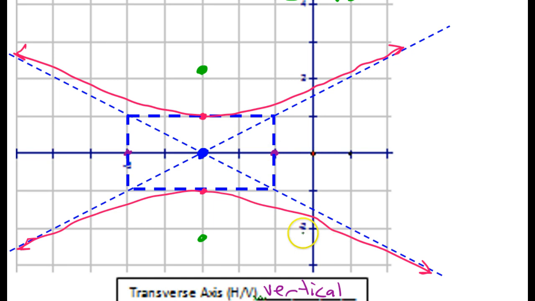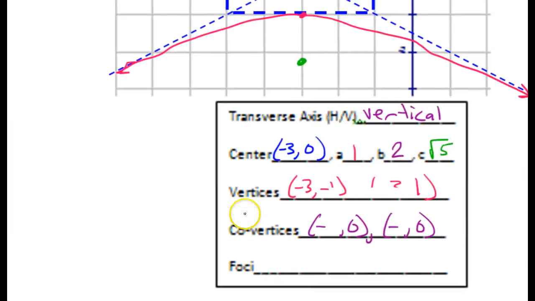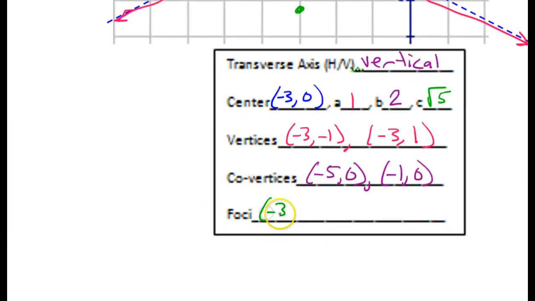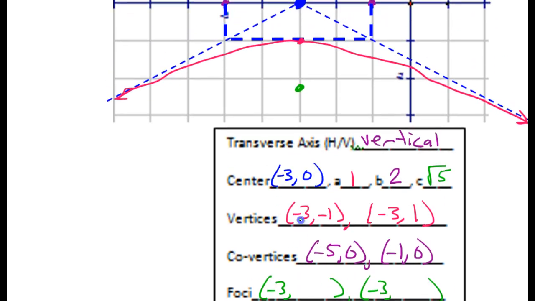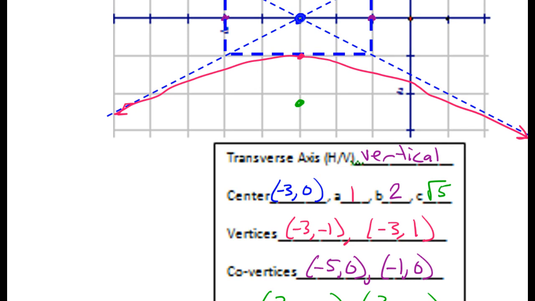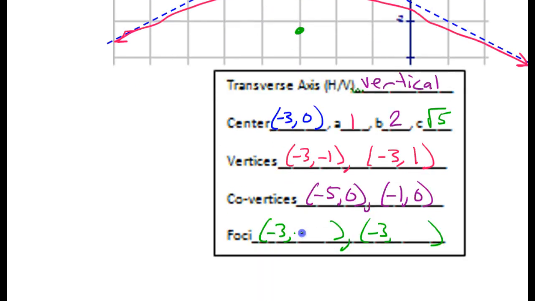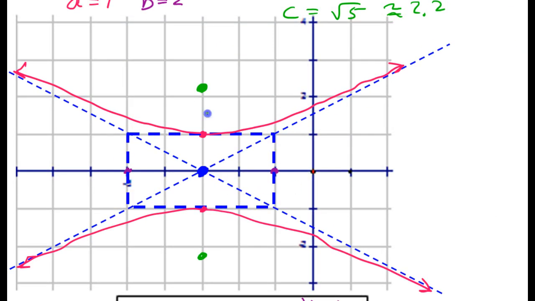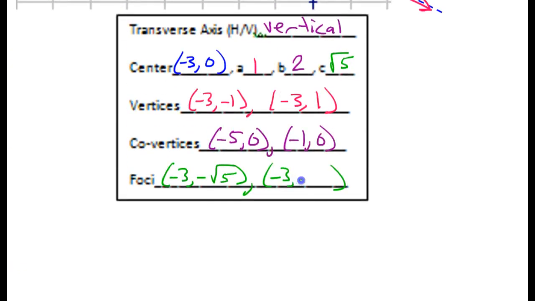These points are both to the left 3. So let's get that out of the way. So we know we have negative 3 comma something and negative 3 comma something. It's just a matter of what's the y value. Well, this time we're just plain starting from 0 and we're going down radical 5. So that'll just be negative radical 5. And if we go up radical 5, that'll just be positive radical 5.